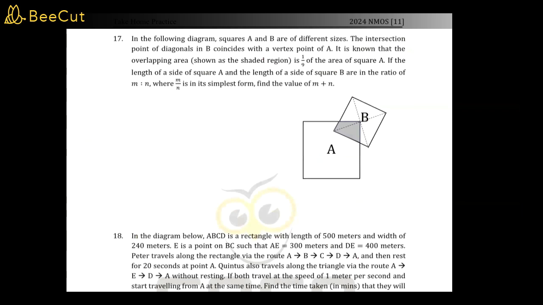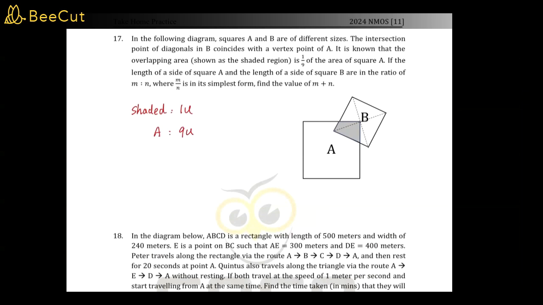Okay, next, question 17. So this one says that the shaded region is 1/9 of square A. Let's say the shaded region is 1U. So square A is 9 units, 1 out of 9.